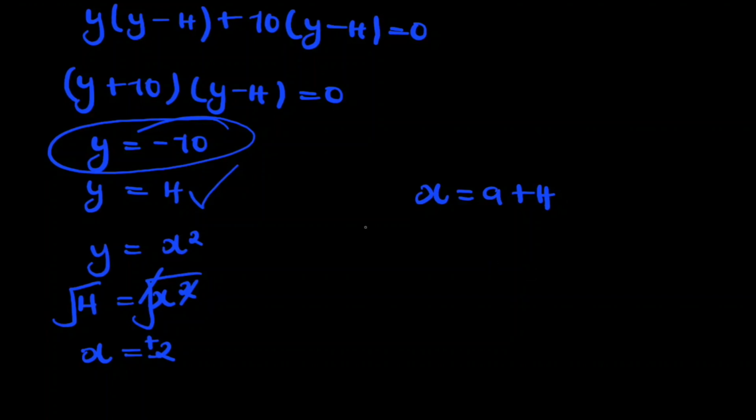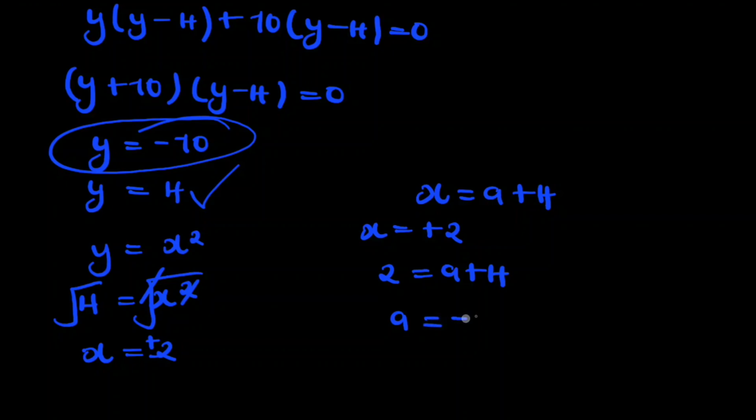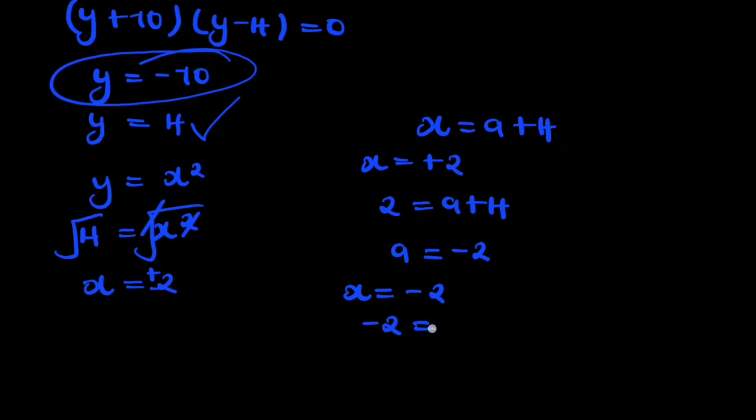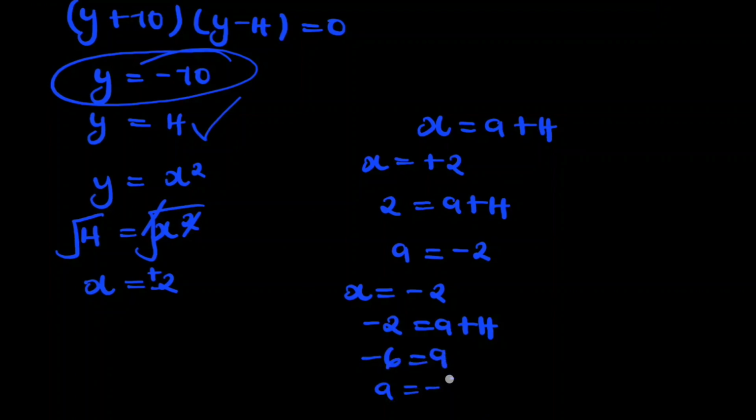When x is equal to positive 2, the first case, 2 = a + 4 and a = -2. Now when x = -2, -2 = a + 4 and -6 = a, so a = -6.